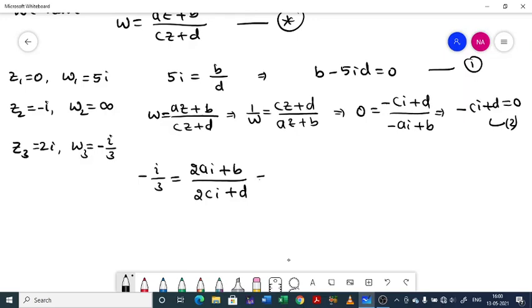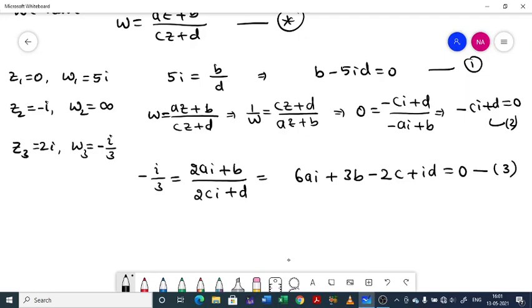So on simplification it will be 6ai plus 3b minus 2c plus id equal to 0. This will be actually equation 3.